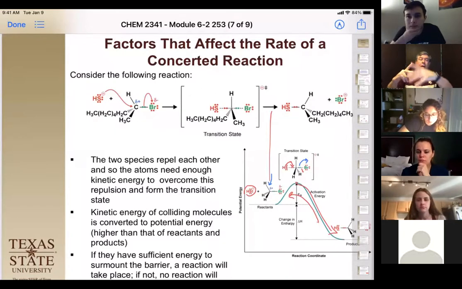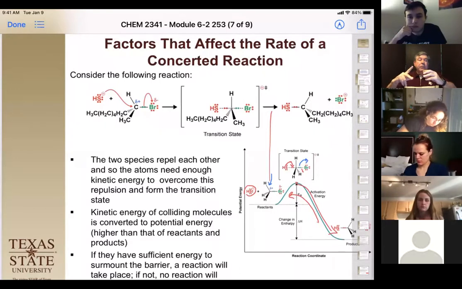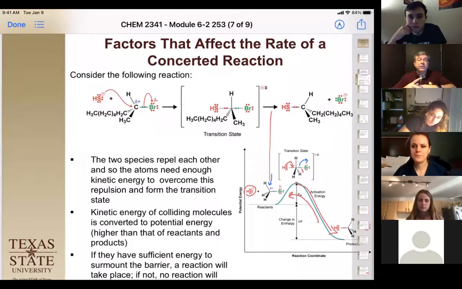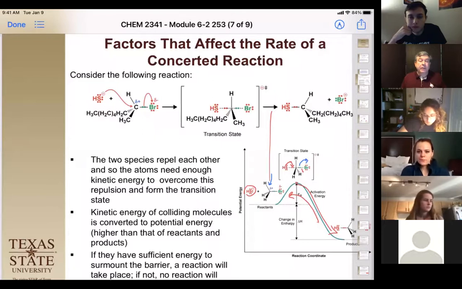So think about it, all of the other groups have electrons on the outer shell, this has electrons on the outer shell. We have to have enough energy to overcome that electron-electron repulsion to start forming our new bond, okay? To form that transition state. Once we get to that transition state, it's actually very easy to break that bond and cascade down into products.